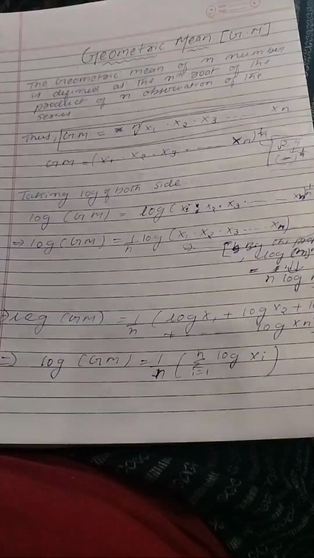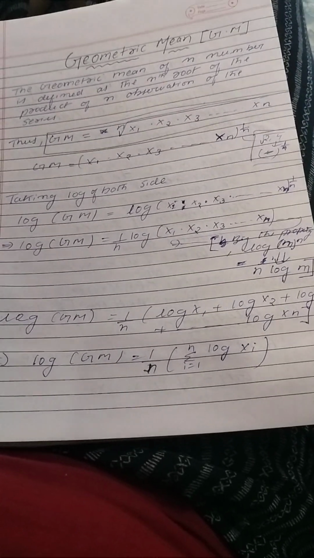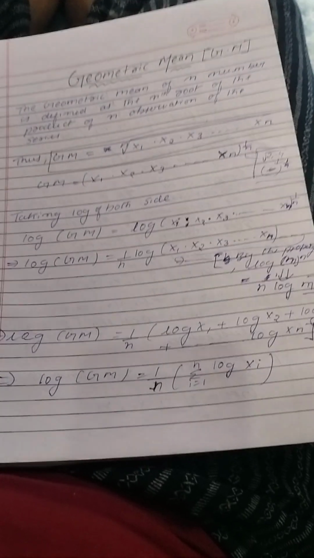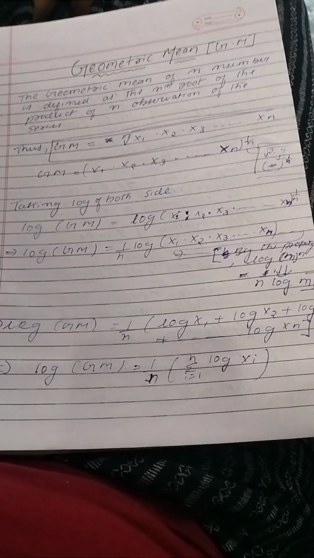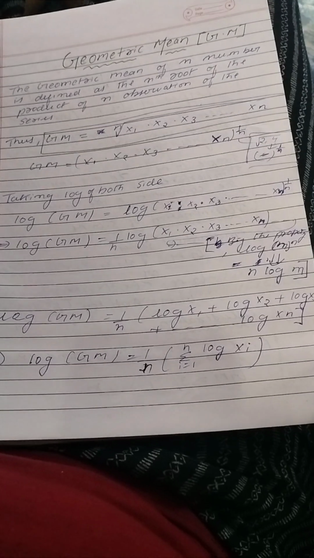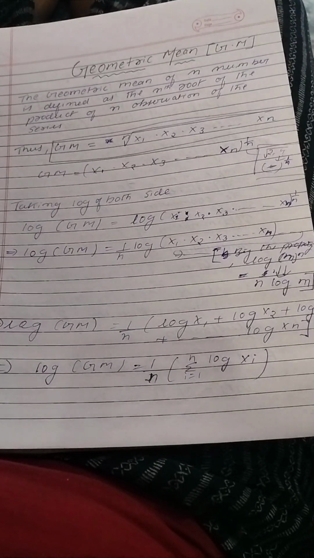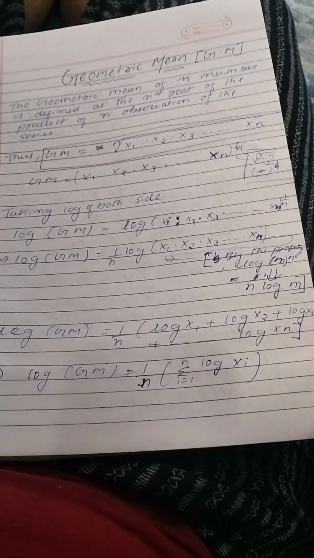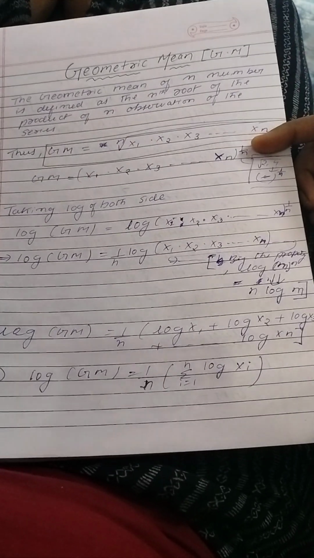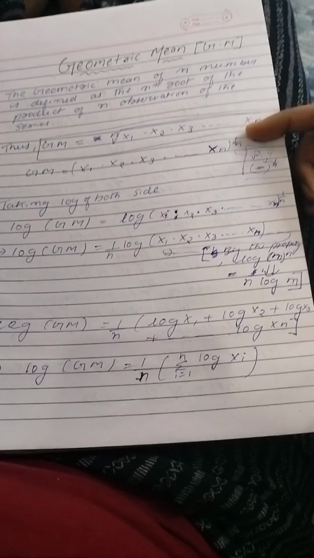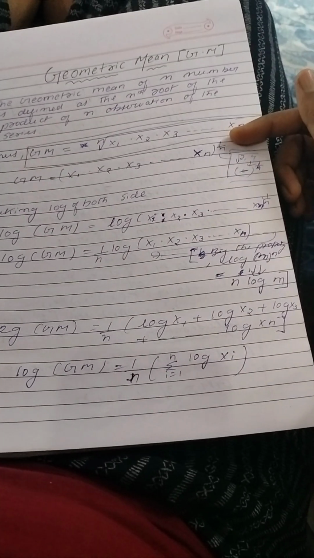So the geometric mean of n numbers is defined as the nth root of the product of n observations of the series.